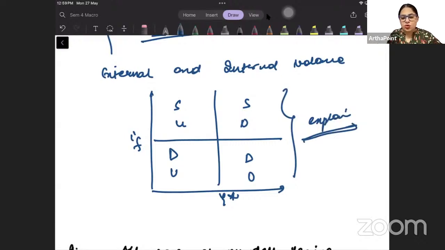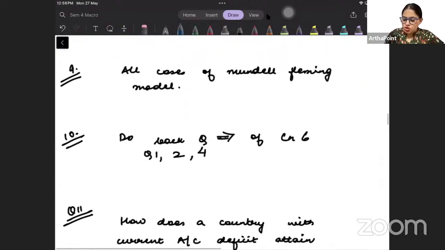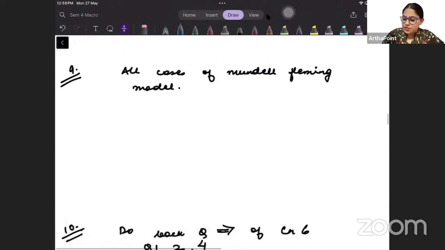Okay, now let us go ahead to the next question, beta. So question number 9. It says all the cases of Mundell-Fleming can be asked in the exam. So in the Mundell-Fleming model, they can ask you anything, right?